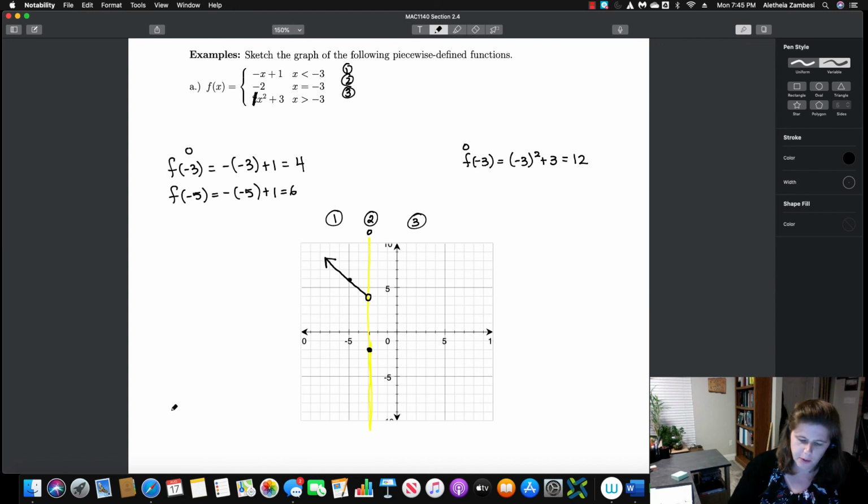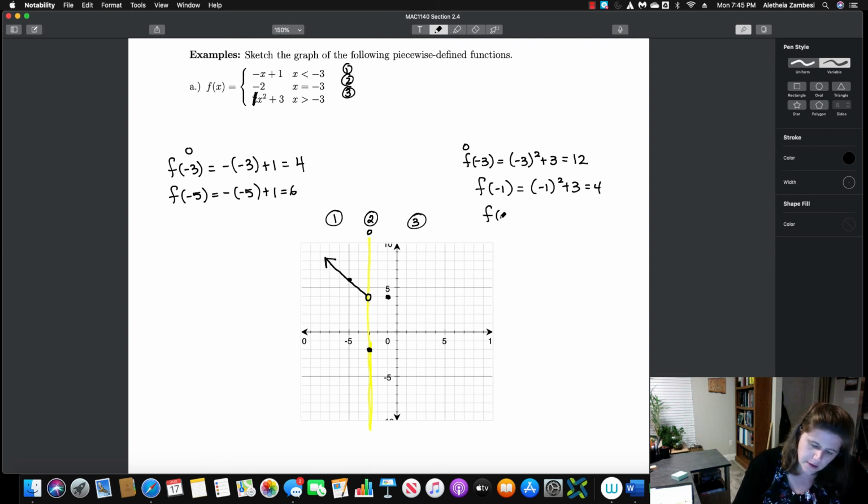Now I need a couple more points for that last one. So let's try f of negative 1. Negative 1 squared plus 3 gives me 4. Notice it's x squared plus 3, so we're expecting it to look like a parabola.